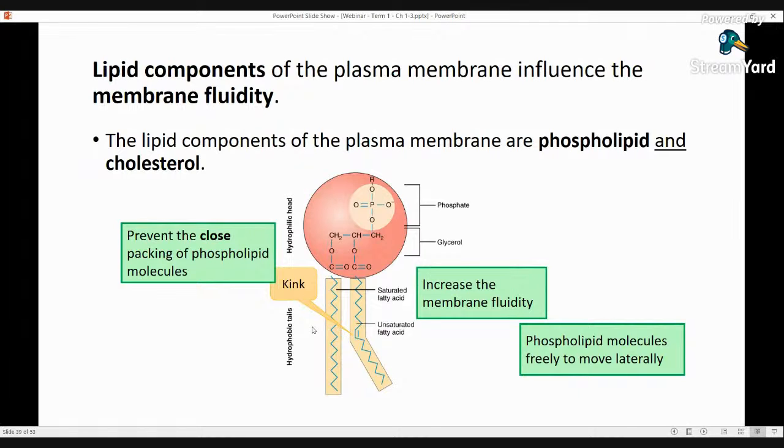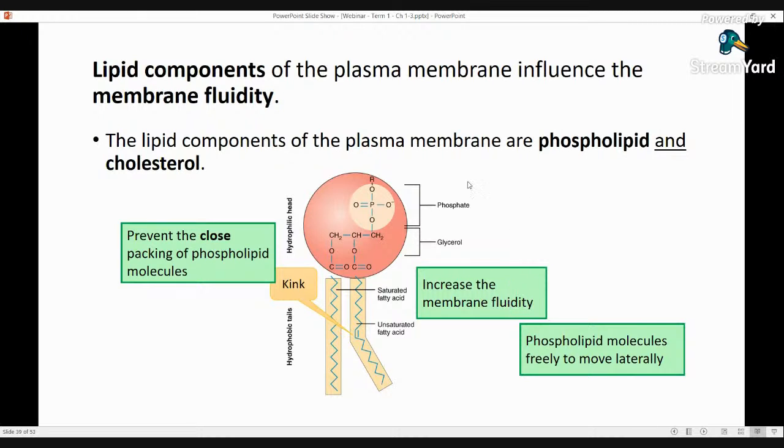This is the phospholipid molecule. The lipid components in the plasma membrane are two: one is phospholipid, another one is cholesterol. So the kink, or the presence of double bonds in the fatty acid of the phospholipid molecules, prevents the close packing of the phospholipid molecules. This increases the membrane fluidity.